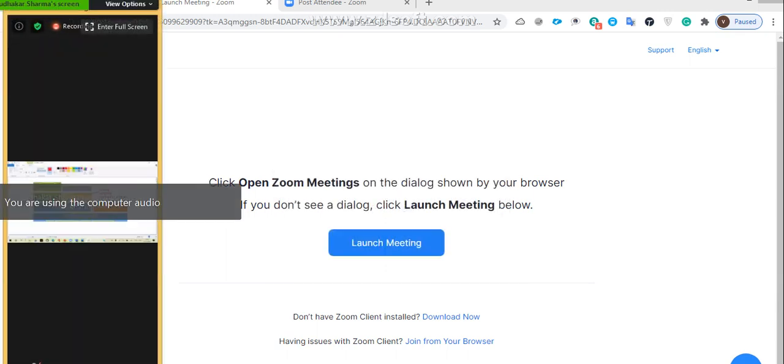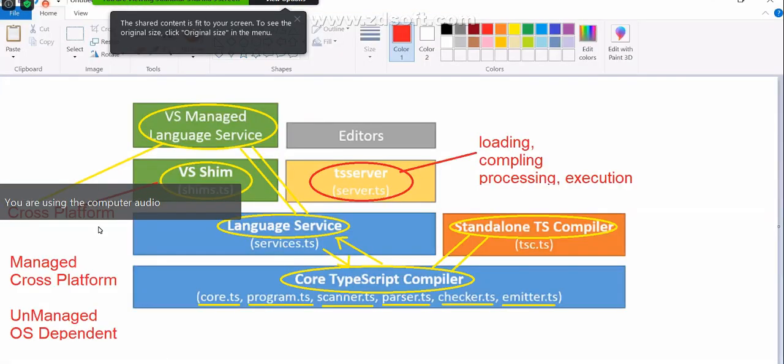Another library for cross-platform. So first it will use the language service.